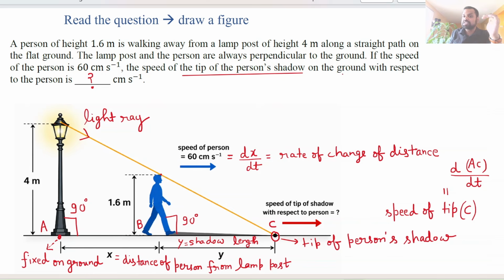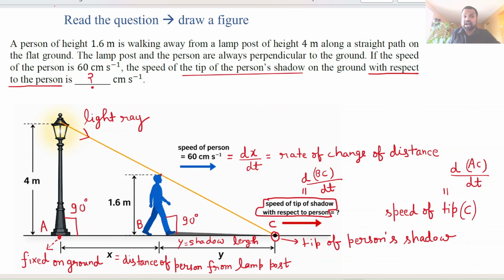But the question is saying the tip of the person's shadow on ground with respect to the person, right? So speed of tip of shadow with respect to the person, that is equal to dBC by dt. Basically it is asking how fast the length of the shadow is changing, right?